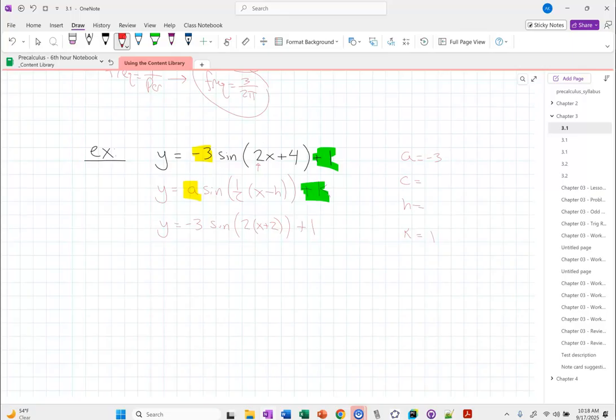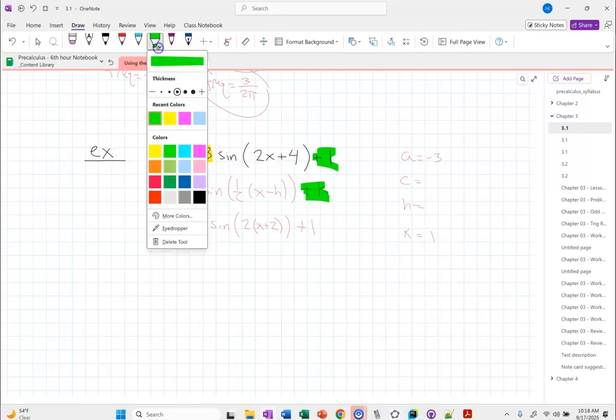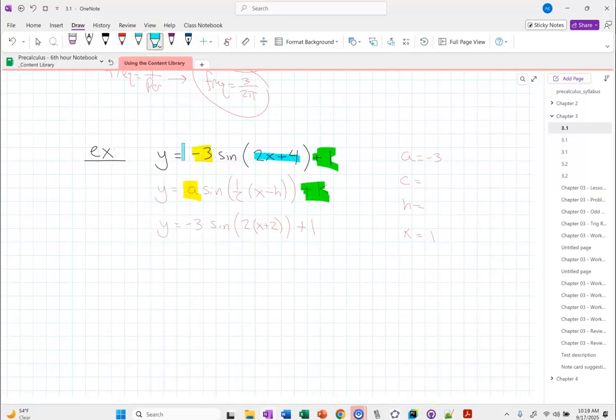So we've done a little bit of work here, right? Our issue is that this inside doesn't look like that inside, so we can't read it quite off of what we had. There's two issues now, right?